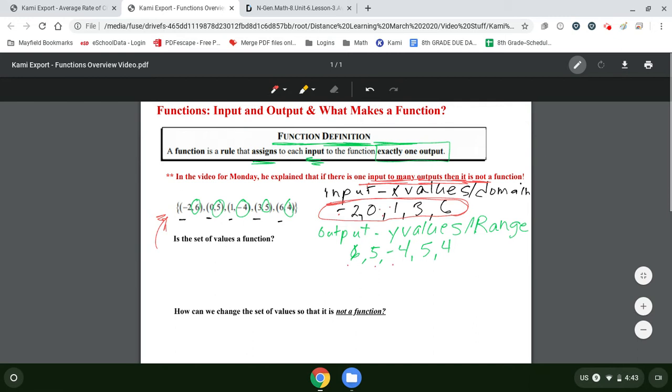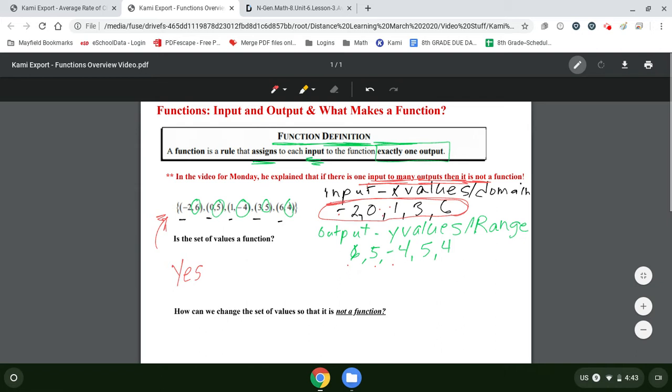So this is a function, okay, because there is not any repeats. There's not two inputs.